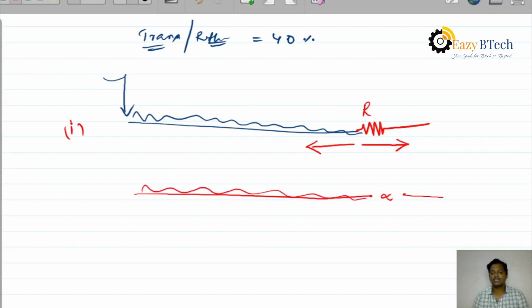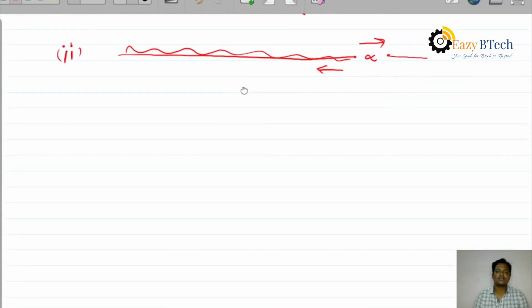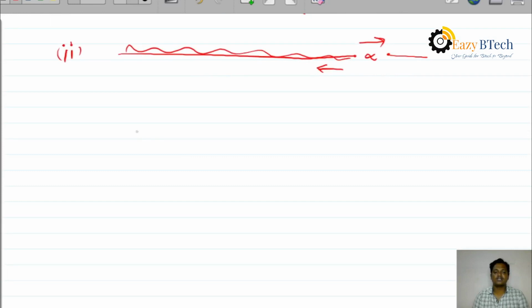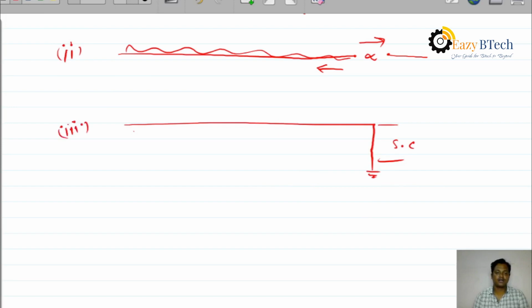Then how much is transmitted, how much is reflected? In case 3, the transmission line is short circuited. Then how much is reflected, how much is transmitted through the short circuit?